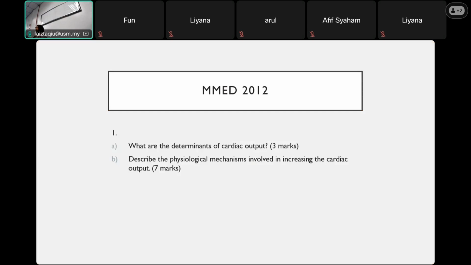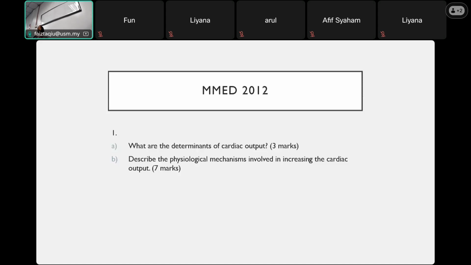So cakaplah kan, divide satu-satu. Heart rate apa yang determine? Yang ni nak jawab macam mana? I think we go satu-satu lah kan. To increase the cardiac output, we must increase the heart rate, then must increase the stroke volume, must increase the contractility. Itulah satu-satu lah.